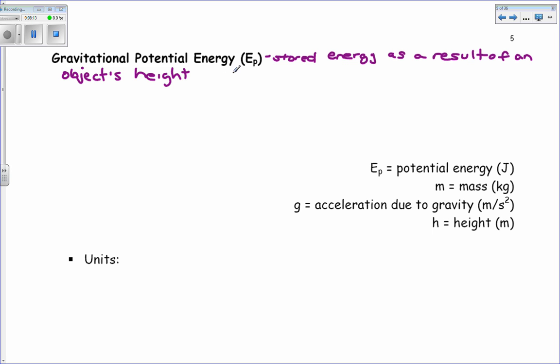Okay, and that height is above some reference height.